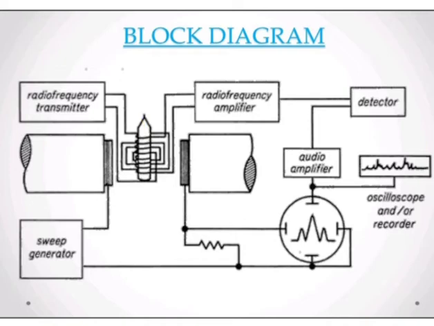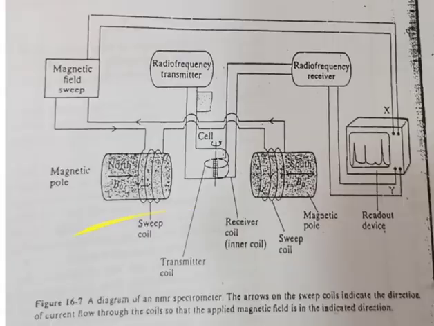In the excited state, spin gets inverted, then it comes to the ground state with the emission of light. The emitted light goes to the radio frequency amplifier. The signal gets enhanced. This goes to the detector and then to the audio amplifier. This generates a spectrum on a recorder. So this is the block diagram of NMR instrumentation.